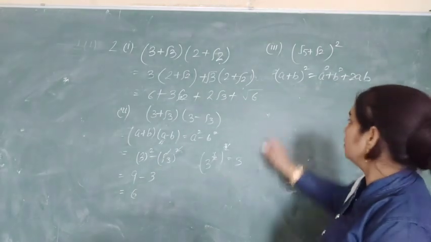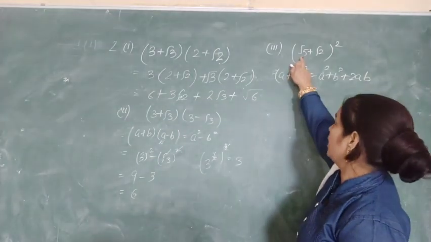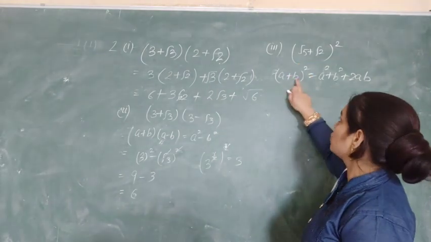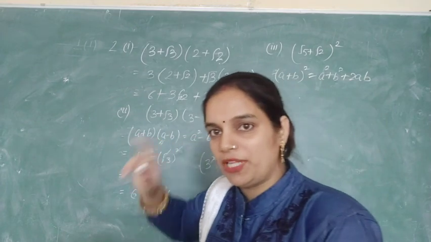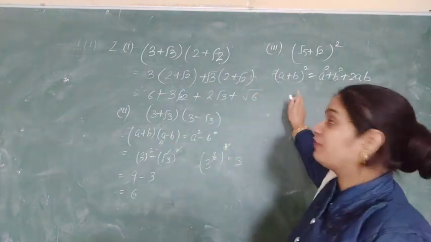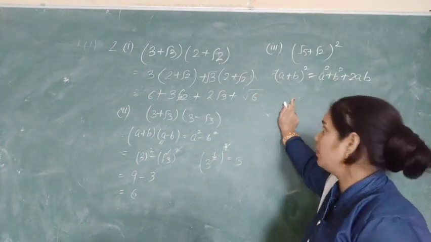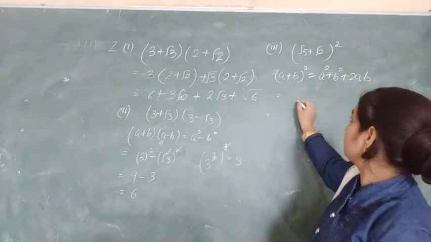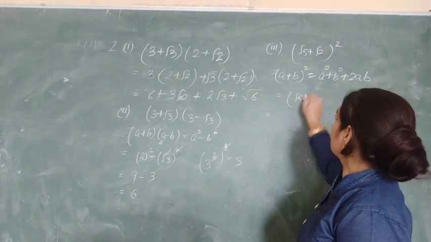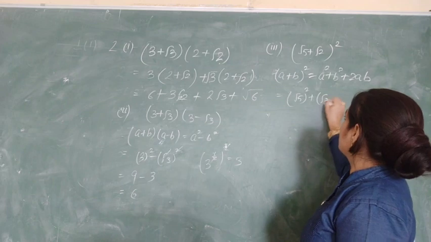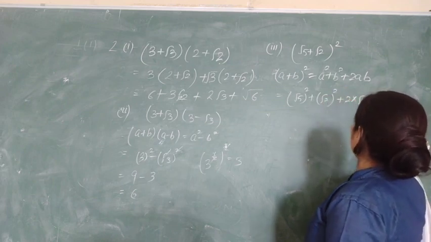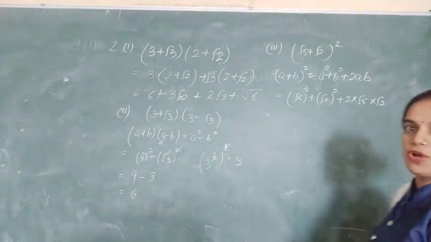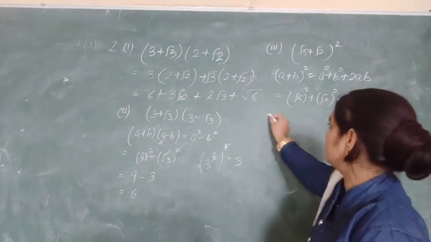We can see here that at the place of a we have root 5 and at the place of b we have root 2. Now we will open our identity. At the place of a we will put root 5 and at the place of b we will put root 2. Now square of root 5 plus square of root 2 plus 2 into root 5 into root 2.